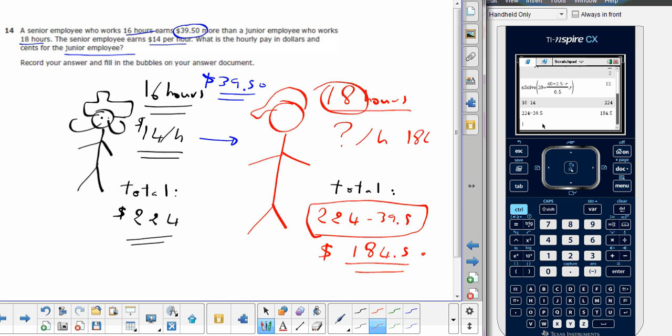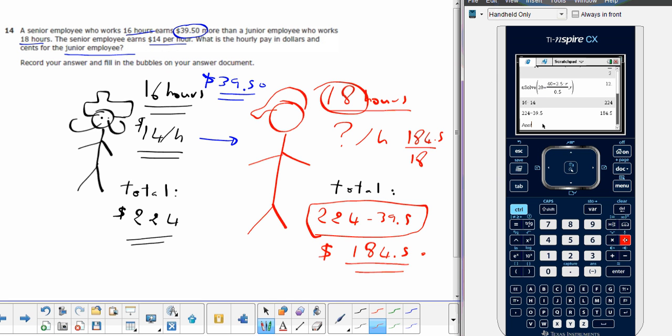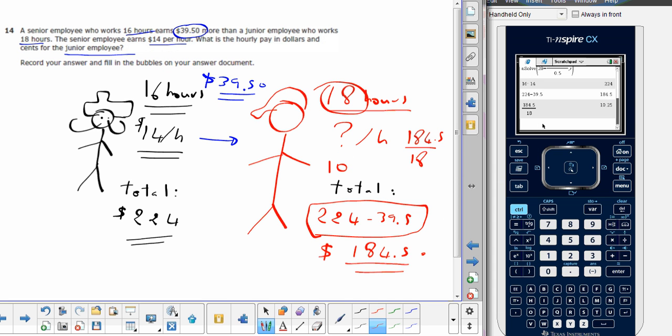So 184.5 divided by 18 will give you how much he makes per hour. He makes $10.25 per hour. So this is the answer. He's happy now because we know how much money he makes.